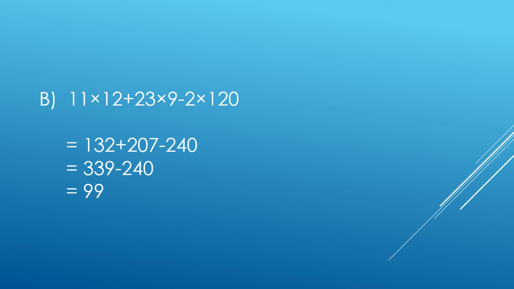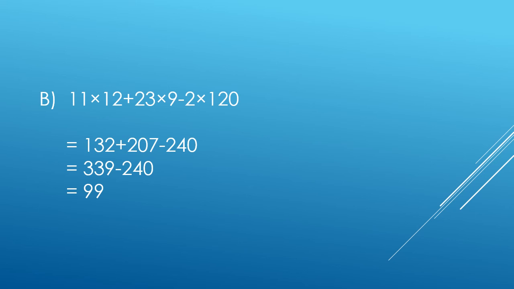Now our expression is 132 plus 207 minus 240. Now you do the addition first. So add 132 and 207. So after adding both these numbers, we get 339. Minus, we are having 240.